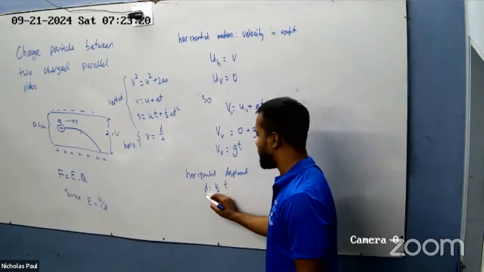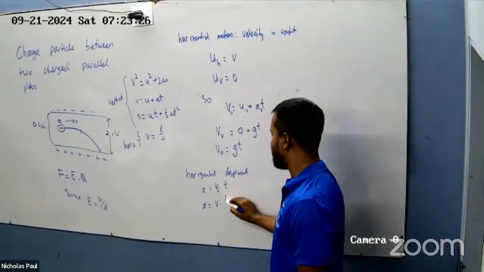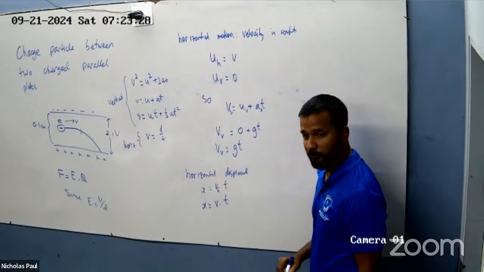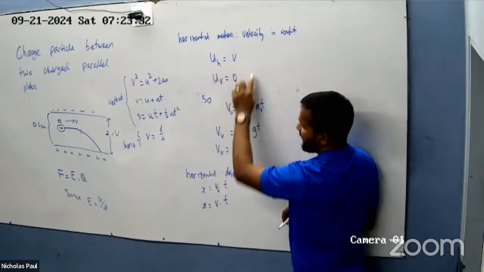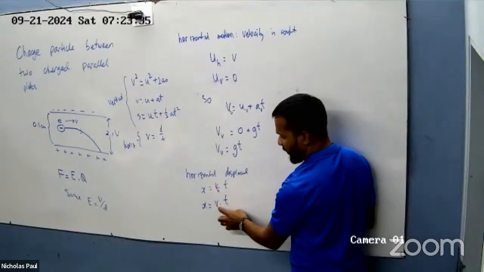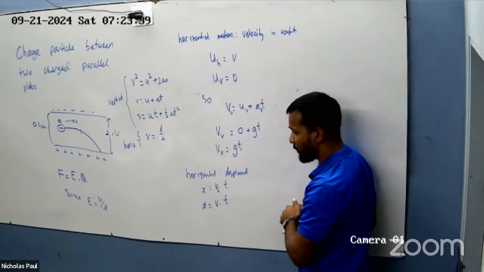Let's call the horizontal displacement x. x is equal to vt. Remember, horizontal velocity stays the same, so the horizontal velocity is v at all times.